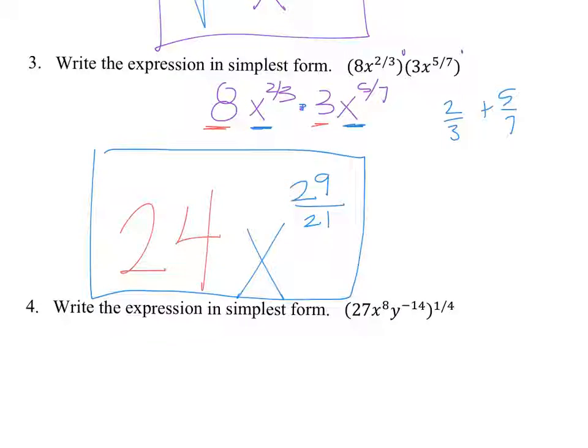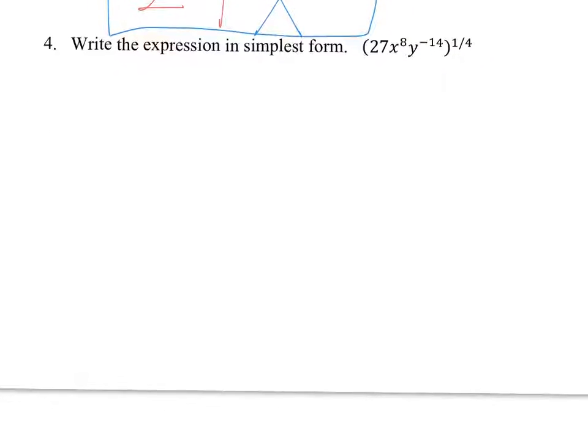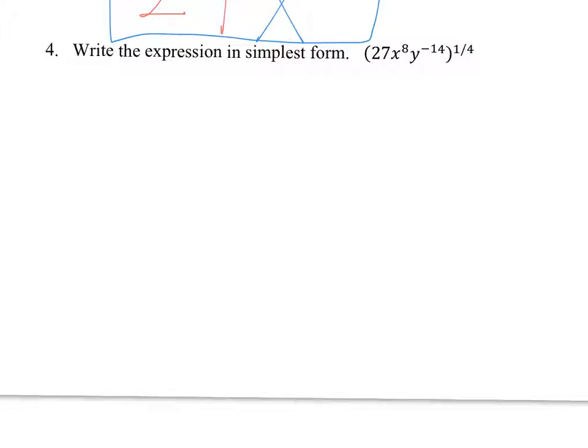And my last but not least. First thing that I noticed about this problem is that I have a power raised to 1/4 right here. That's a fraction exponent. So I'm going to first rewrite in prime factorization. Now I've said this before in class, but I personally like when I do not already have a fraction, and if I have a power to a power, what I do first is I simplify the power first. So this power to a power, I have to think, what should I do with my exponents?